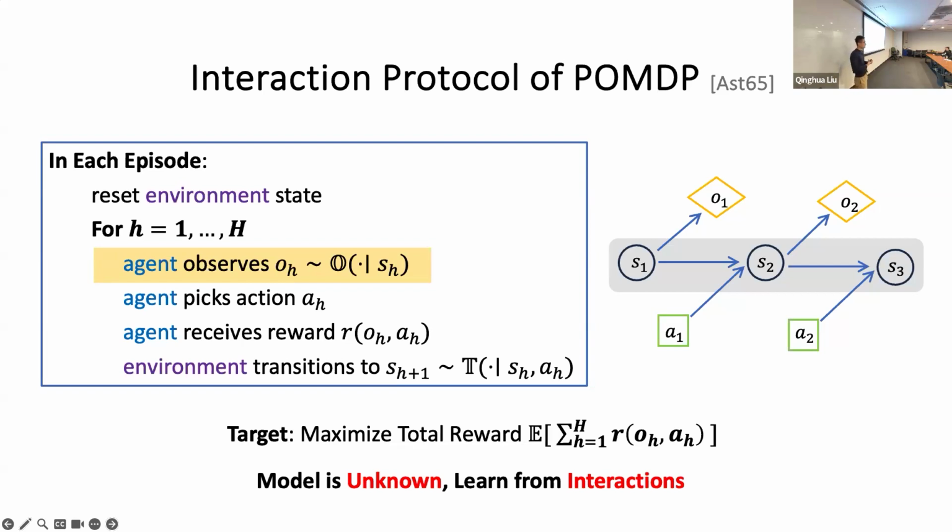Another way to think about this is, in practice, typically the reward function is chosen by researchers or engineers. So we want to define the reward function so that it is computable from what we can observe. If it depends on the hidden state, maybe you cannot compute it, right? Because you cannot observe the hidden state in some scenarios.